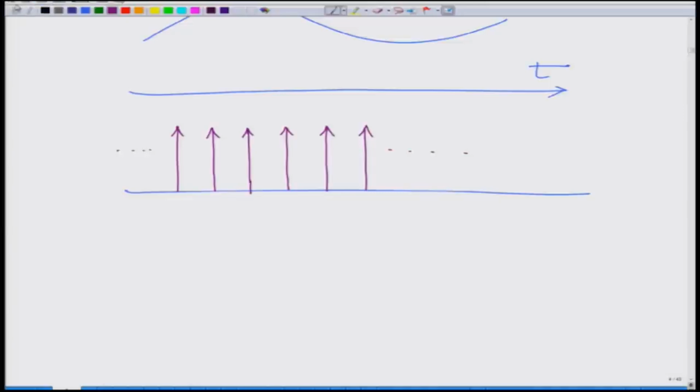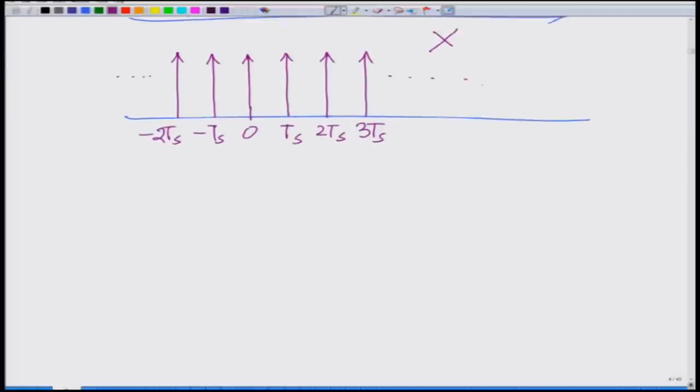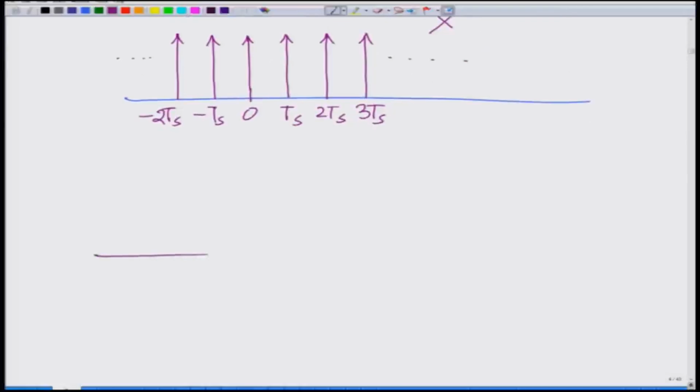So, you take the product of the original signal with this impulse train.